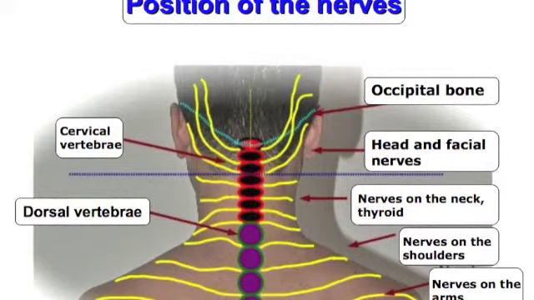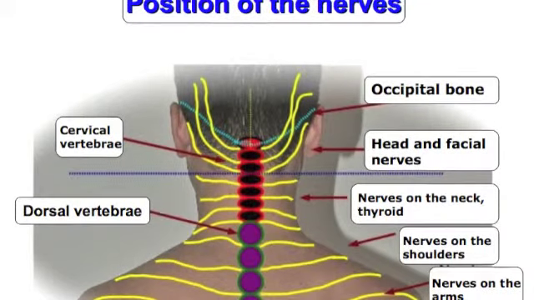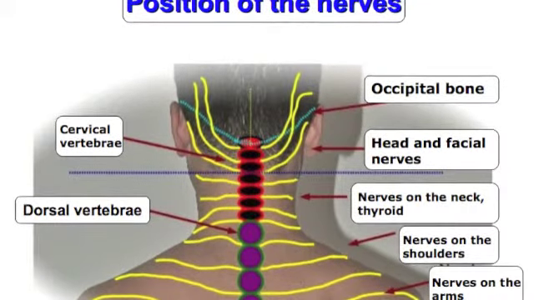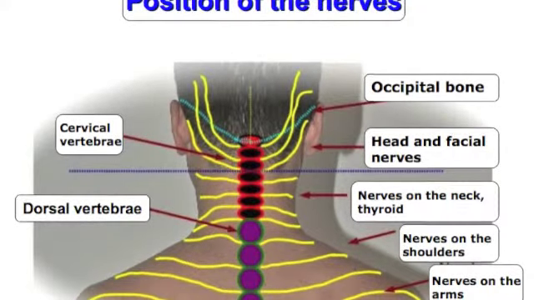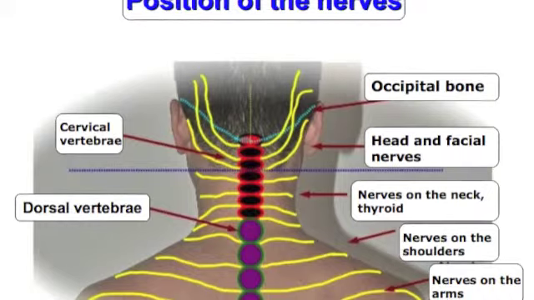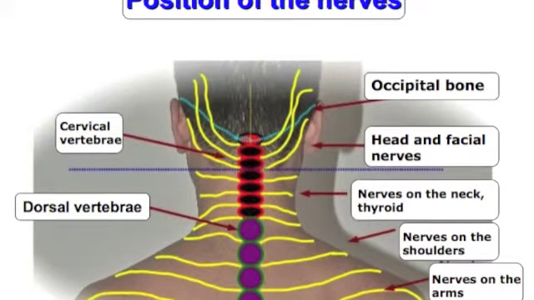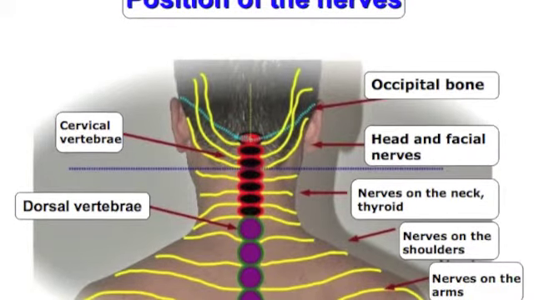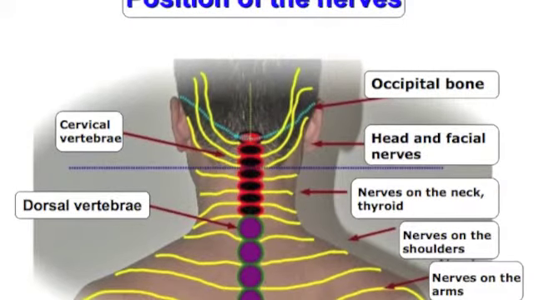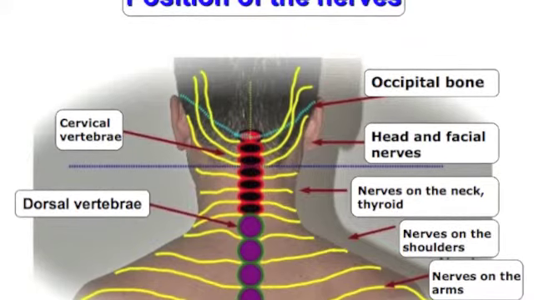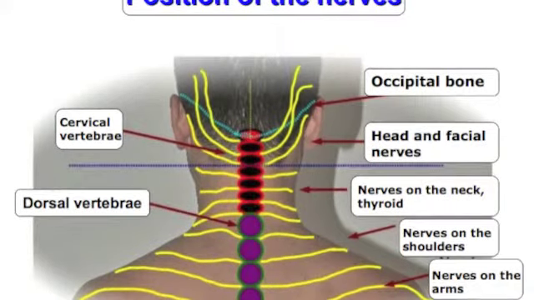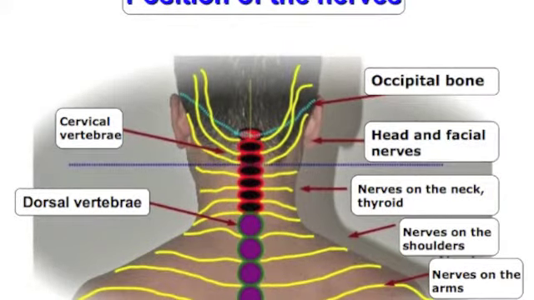Another line that I've indicated is the blue line, which is perfectly horizontal here in the picture in front of you. I indicated that line to divide the first cervical vertebrae, where we will find the nerve supply to the head, from the other vertebrae, the lower vertebrae, where we find the nerve supply to the thyroid and to the neck.